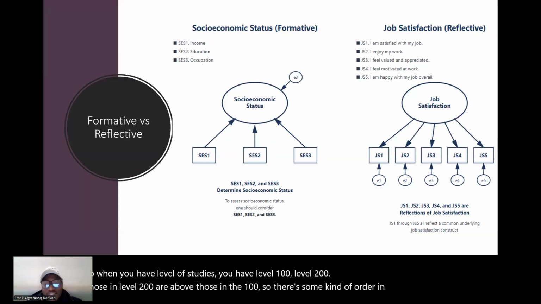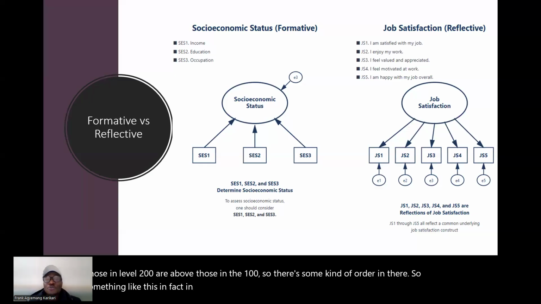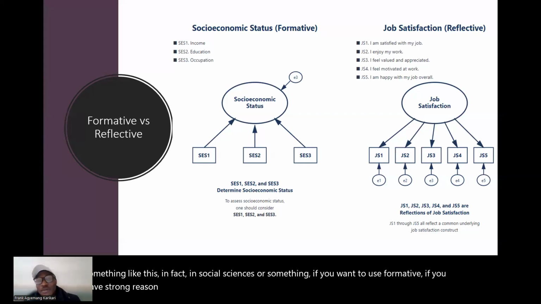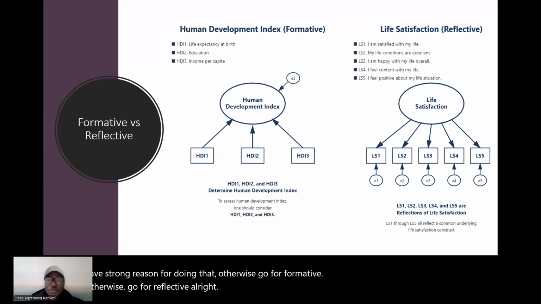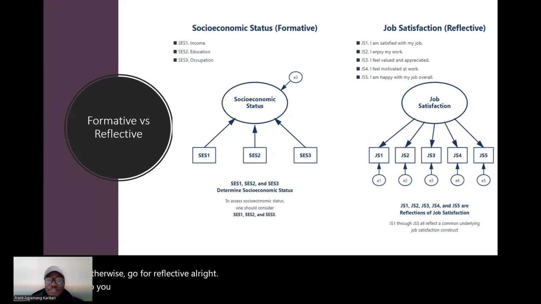So in social sciences, if you want to use formative, you should have a strong reason for doing that. Otherwise, go for reflective. Looking at this index, if you're using secondary data, you can just collect the data on income, education, and occupation, and then you are good.